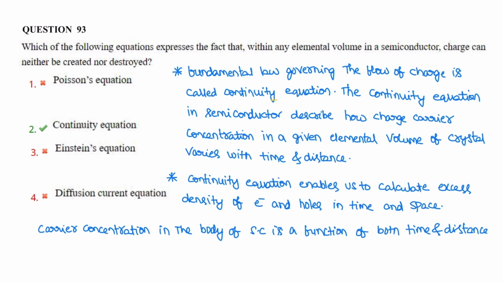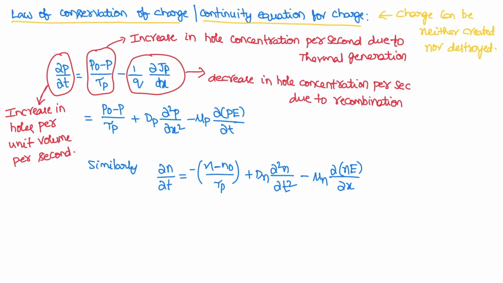Next question. Which of the following equation represents the fact that within any elemental volume in a semiconductor charge is neither created nor destroyed? So the fundamental law governing the flow of charge is the continuity equation. This continuity equation, or law of conservation of charge, says charge can be neither created nor destroyed.